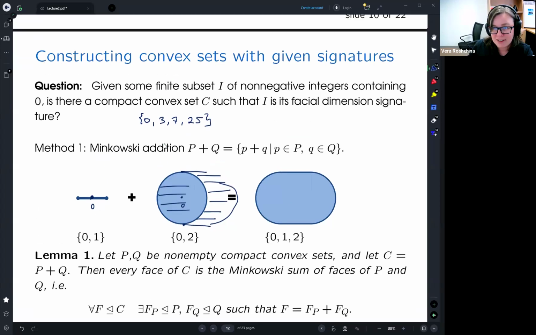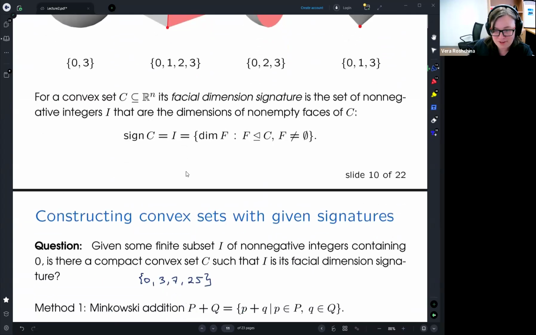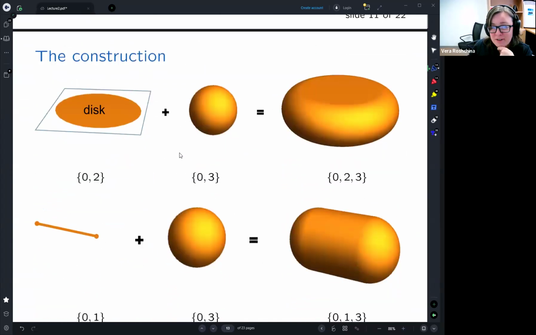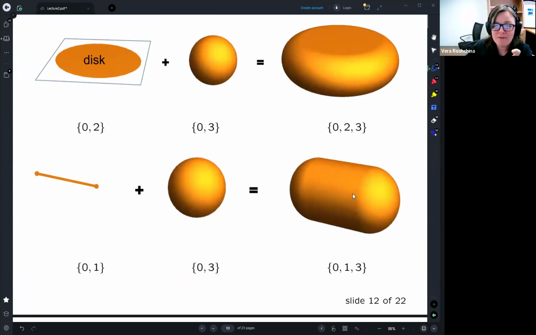So based on this construction, I can build any facial dimension signature I want by adding Euclidean balls to each other. For instance, if I want to get 0 to 3, then I will take the disk and put it in the 3-dimensional space. It has dimensions 0 and 2. I will add the Euclidean ball to this disk, and the set that I obtain will have facial dimension signature 0 to 3.